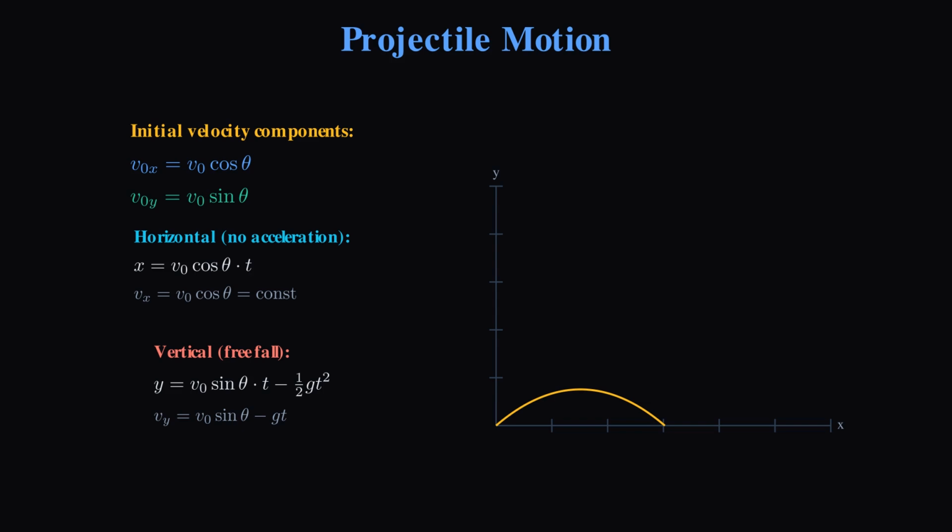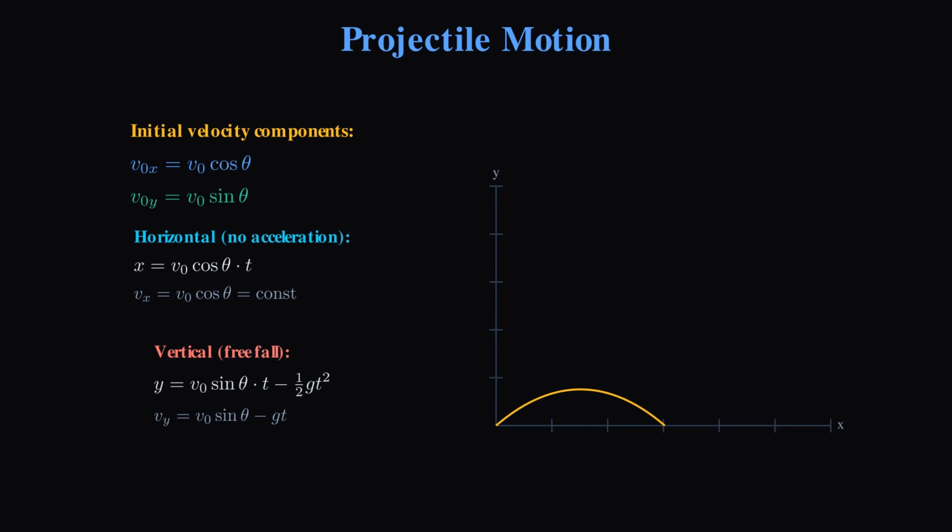Time of flight. The projectile returns to its launch height when y returns to 0. Setting y equal to 0, 0 equals t times the quantity v0 sine theta minus 1/2 gt.